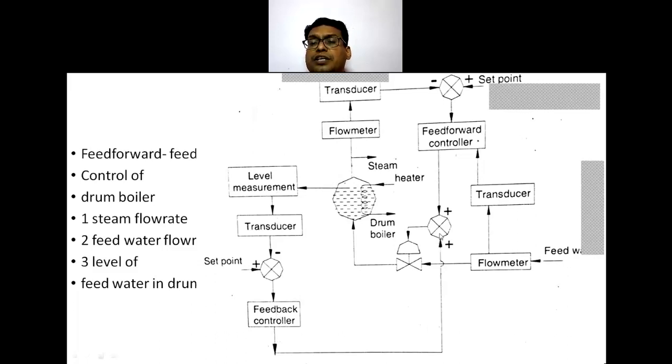So this comparator receives the signal from the feedback controller as well as the feed forward controller. This comparator is of more concern as it is going to receive the signals from both the controllers, that is your feedback controller and feed forward controller.